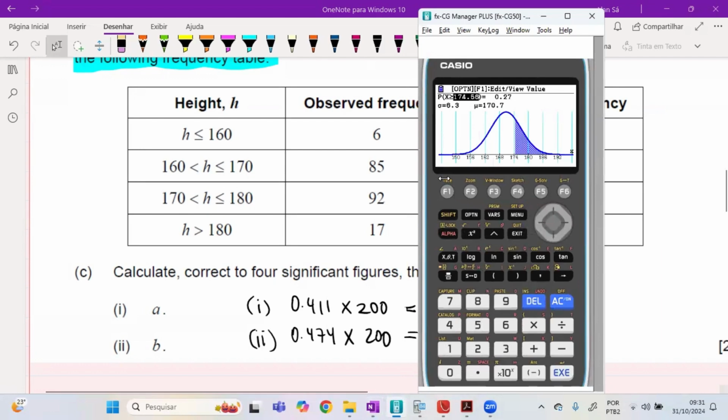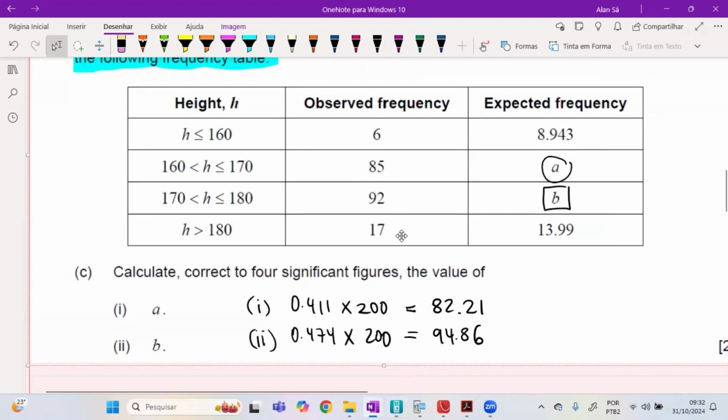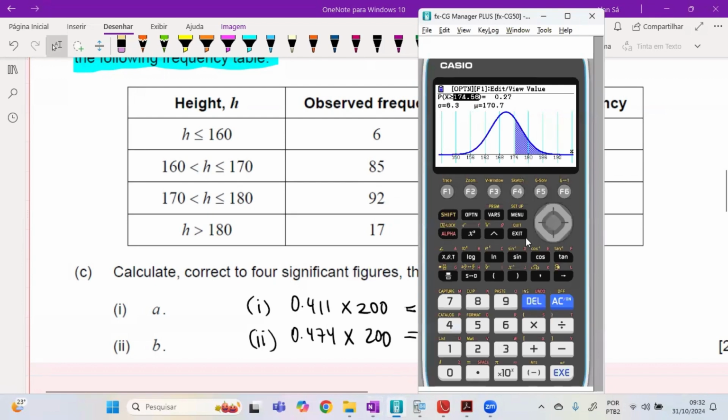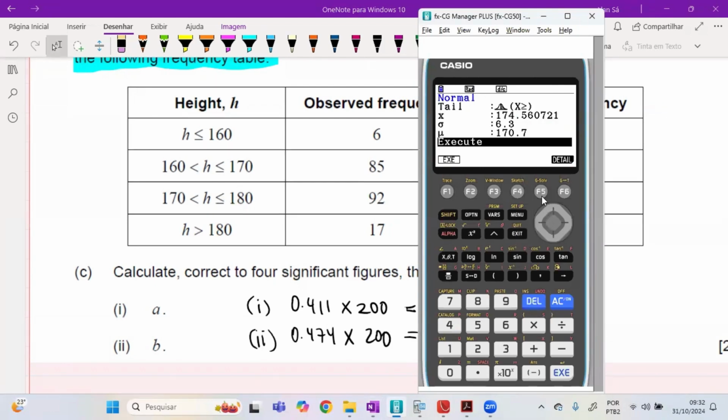We would have to go back to the normal screen to do the calculation. In Casio, when we need the same value that we found here, 0.411, but with more figures, we would have to come back and write down the value. So here we go to the tail between two values, 160, 170, execute, and then we write down this number.